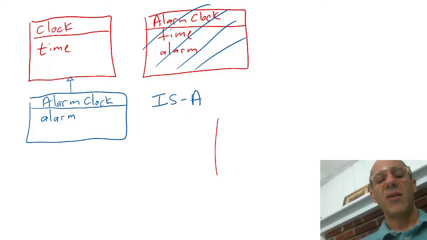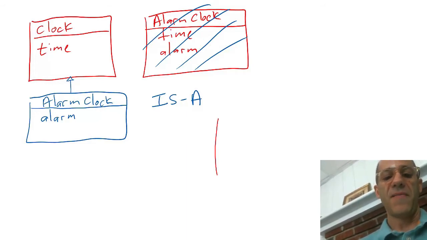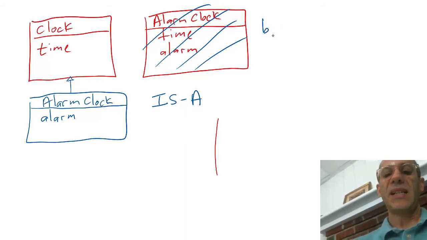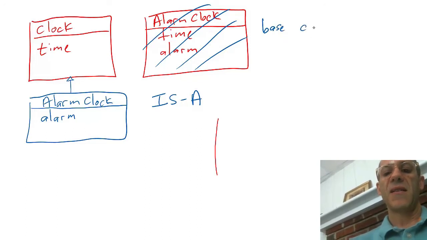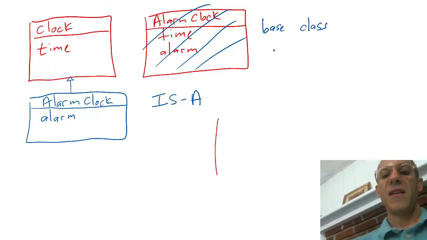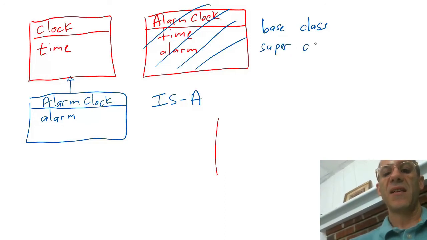When we do this, we often typically use a lot of common words to define what clock is and what alarm clock is. The clock on top is the base class. It's also called the superclass or the parent class.